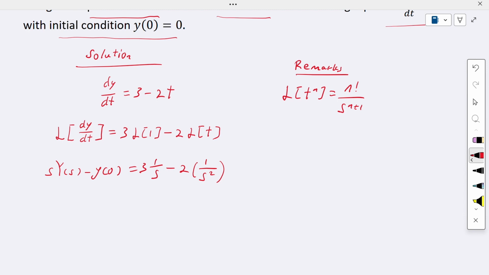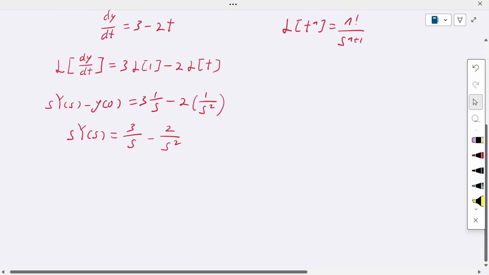Now we're going to substitute our initial condition, which is y(0) equal to 0. So here we have s Y(s) equal to 3 divided by s minus 2 over s squared. Now we're going to shift this s to the right hand side.